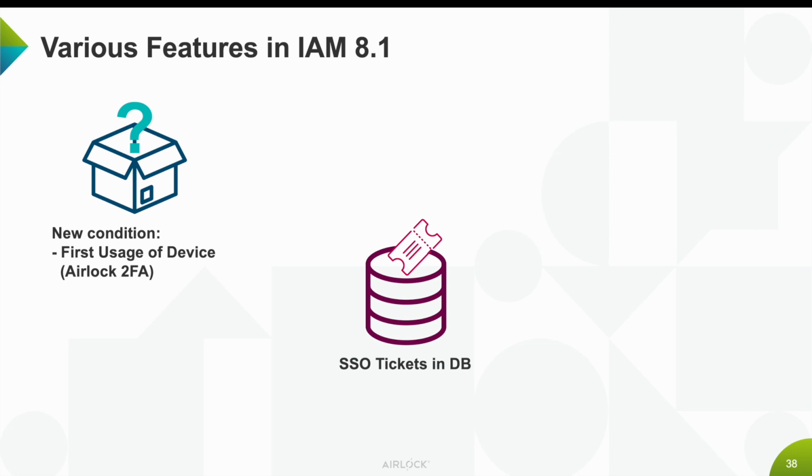And now, if you like, you don't have to, you can store the SSO tickets that have been used in the database. So it really works correctly across active setups. This is really important if you intend to use multiple active IAM instances, or if you run IAM, for example, in Kubernetes, where you have a lot of IAM instances come and go.